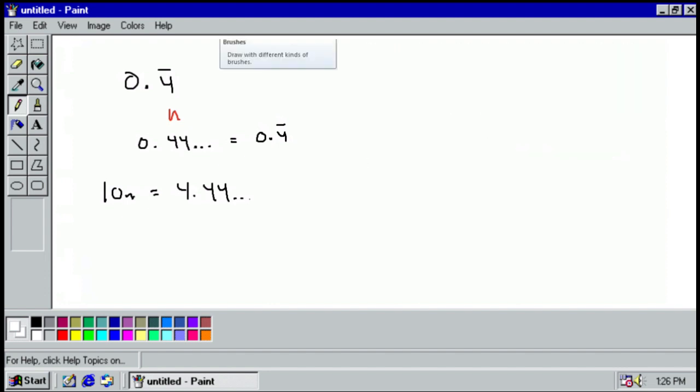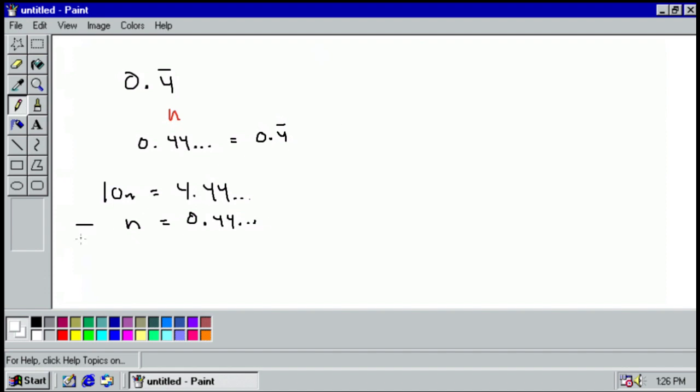Now we are going to subtract n. Why? To remove the decimal part of it, which is 0.44 repeated.